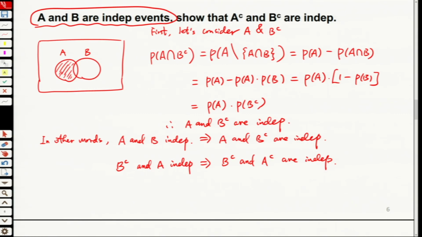The logic is like this. You see, this is A and B. If we replace B with B complement, they are still independent, right? Now, B complement and A are independent, which we have already proved.